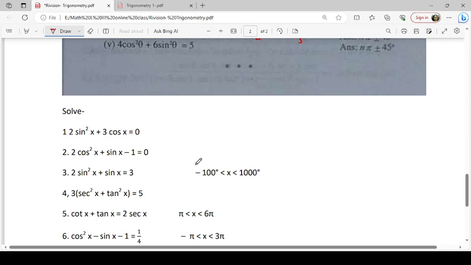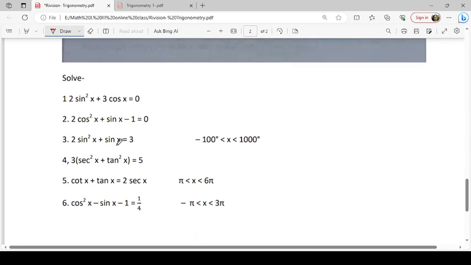Now we see 2 sin square theta plus sin theta equal to 3. Here a condition is given: x is in between minus 100 and 1000. So let us see what we have. This is number 3: 2 sin square theta plus sin theta minus 3 equal to 0.